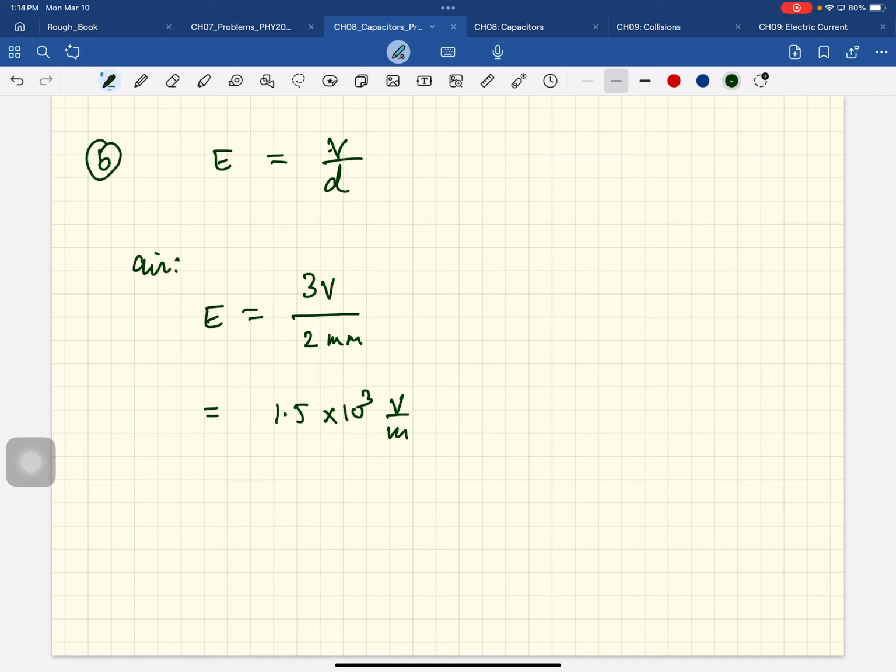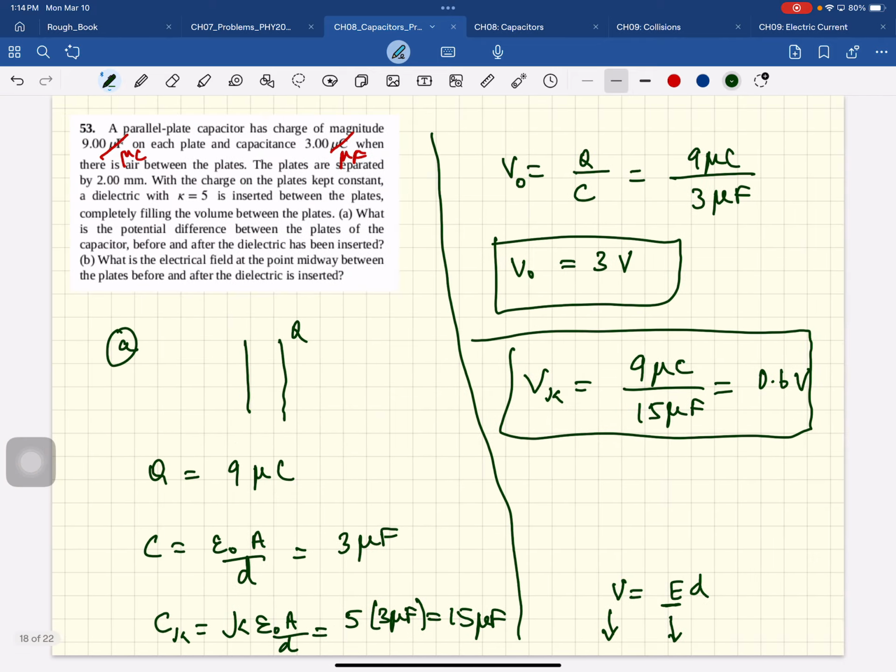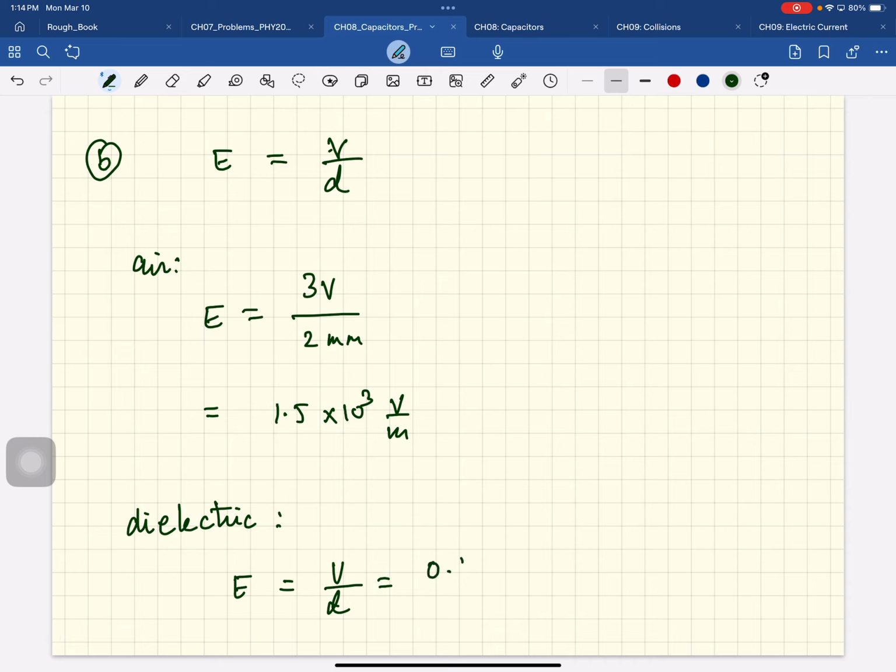And with the dielectric present, the electric field is, again, voltage over distance. The voltage was 0.6 volts and the distance 2 millimeters.